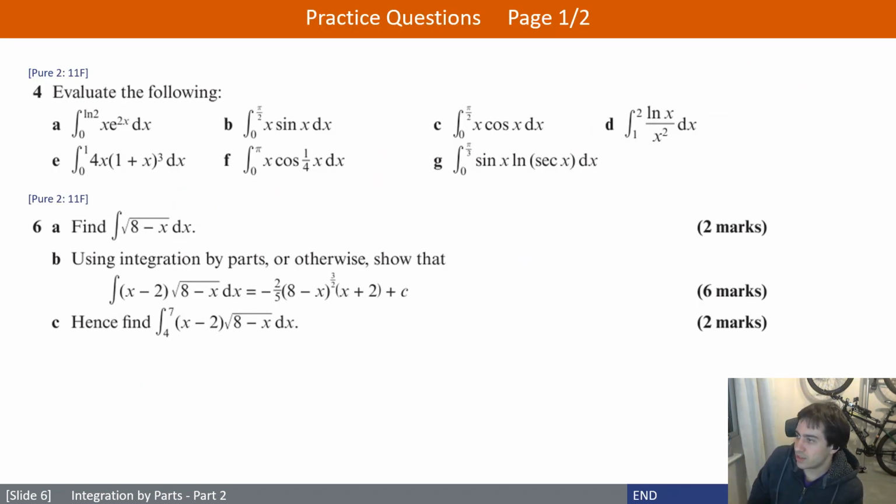So final bit of practice then for now of integration by parts, this time using limits. 2 slides, 2 questions on this slide and 1 on the next. This first set just to practice a bit more using integration by parts. What I'd suggest is maybe try using that LIATE rule, see if it works out for you.